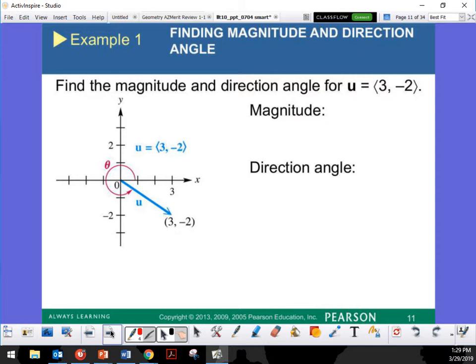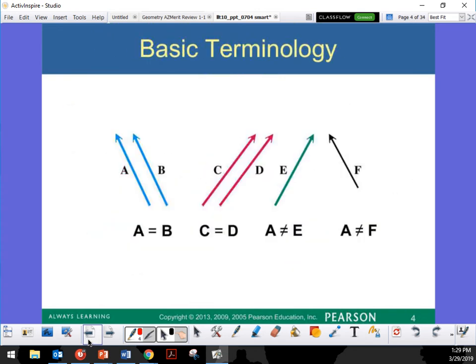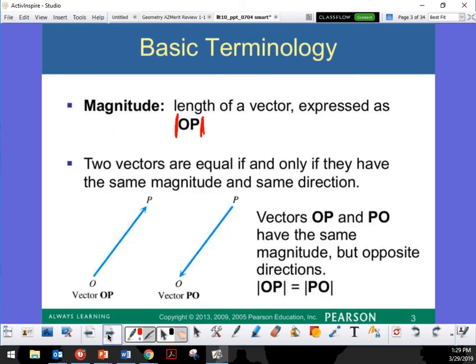Magnitude is the length of a vector. And how do we find that? Say Pythagorean theorem.